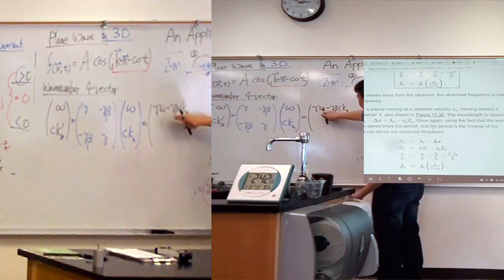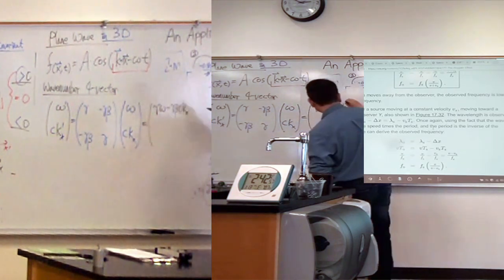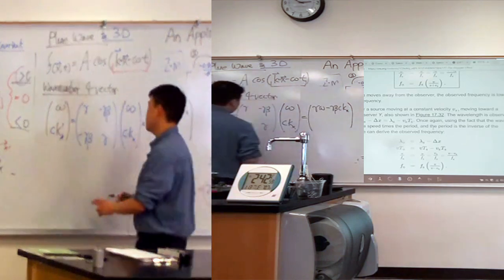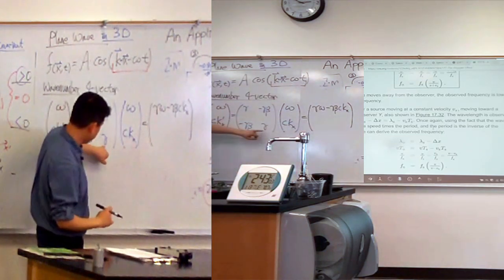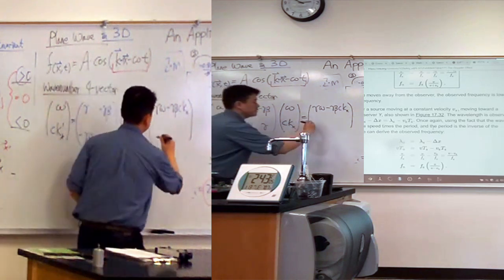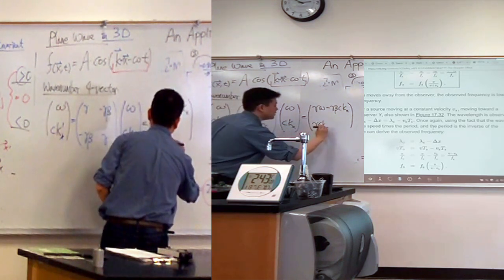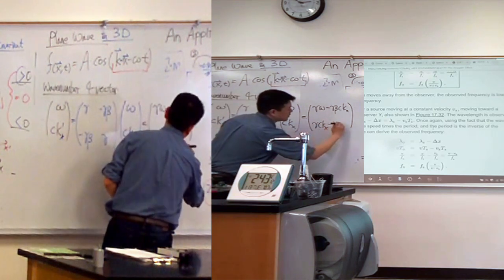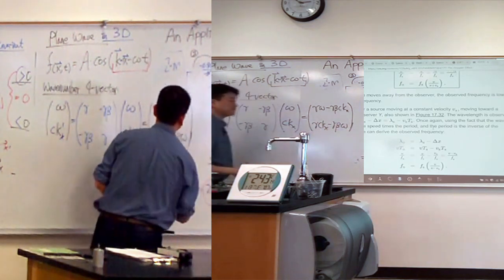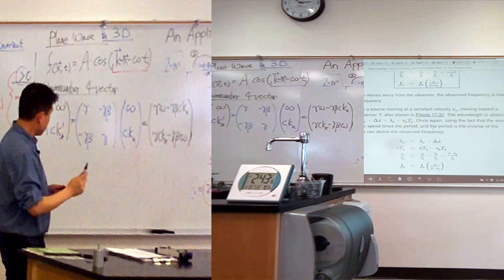And I guess that's actually all I need, but let me do the second one just so I have it. The second one is minus gamma beta omega, plus gamma c kx. Good?